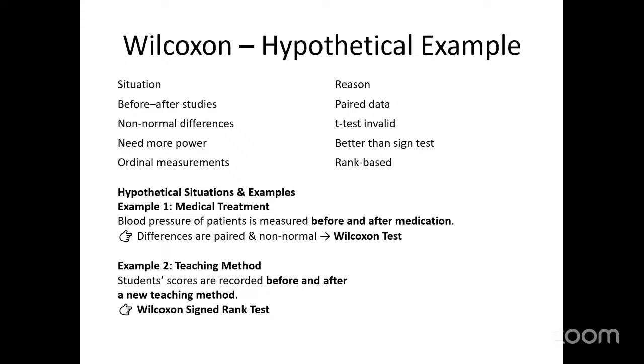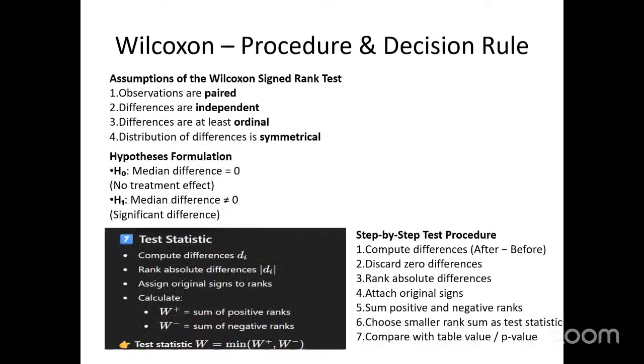The absolute rank by the absolute size or value, and the sign rank test with plus and minus. In the sign test, only the direction matters, but in the Wilcoxon signed rank test, the direction and the magnitude both are under our consideration.